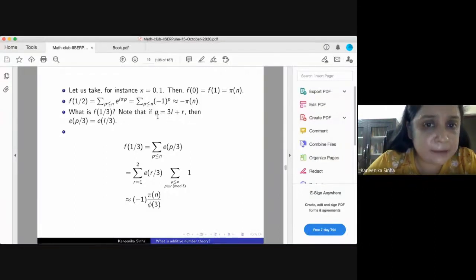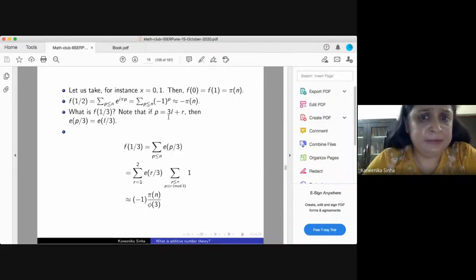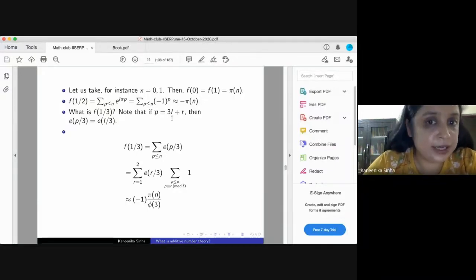So you can write p to be 3l plus r, where r is the remainder left over when you divide p by 3. It can be either 0, 1 or 2. The case r equal to 0 can be immediately thrown away since p is a prime. Otherwise, p would be equal to 3 times l.